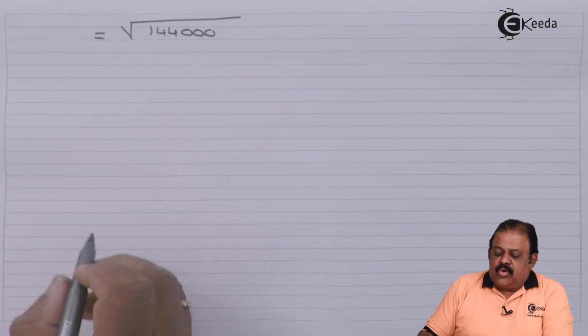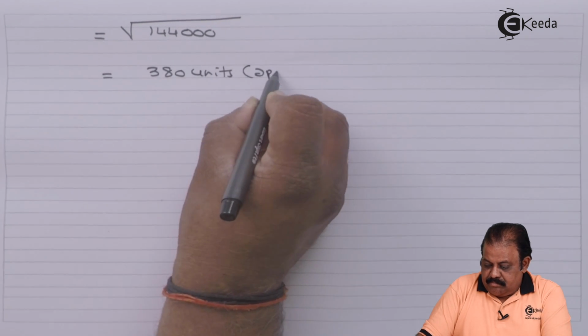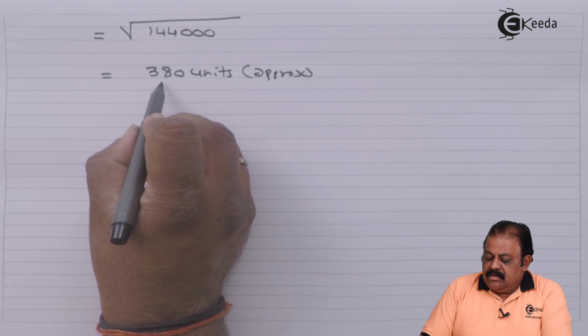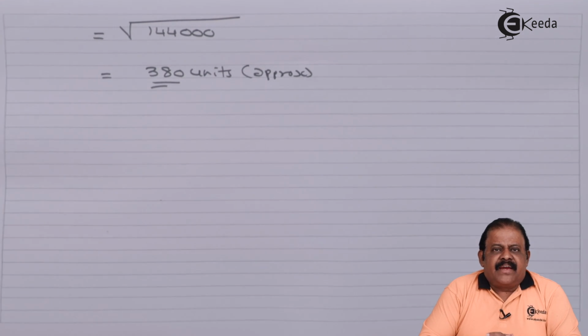So it will be square root of 1,44,000. So approximately it will be 380 units. This is how with formula we can calculate economic order quantity.